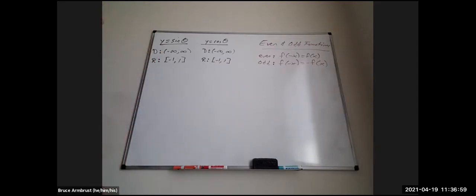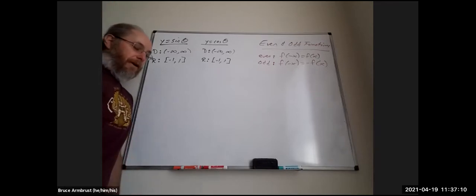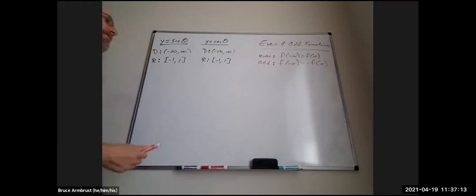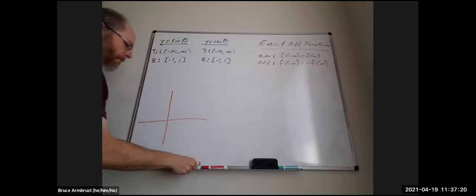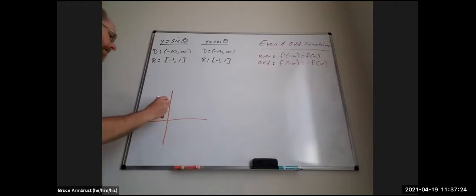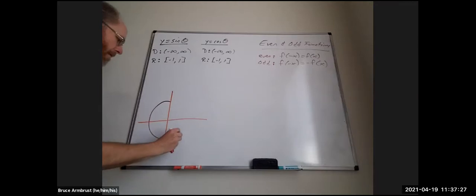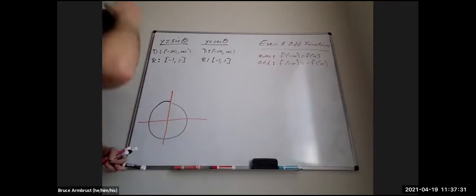All right, well, it turns out that sine and cosine are examples of both of these. One of them is even, and the other is odd. So let's see if we can figure out which is which, and we're going to use the unit circle to help us again. So let me draw a unit circle here. Now let's think about sine and cosine in terms of the x and y coordinates, but let's think about going in a negative direction.